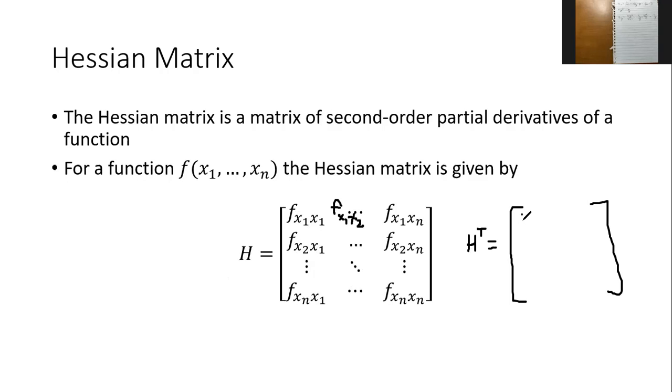If I had done it here, this one would be the same, x1 x1, but this one here would be f x2 x1. This is more complicated than it needs to be. I'm only trying to make the point that H is symmetric. Okay.